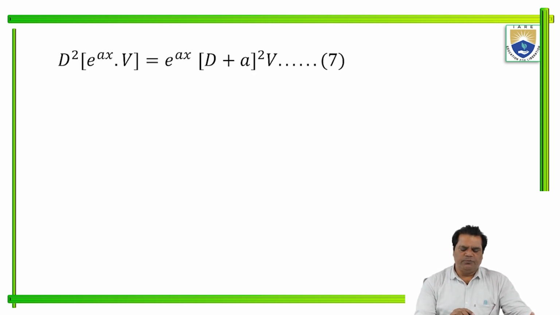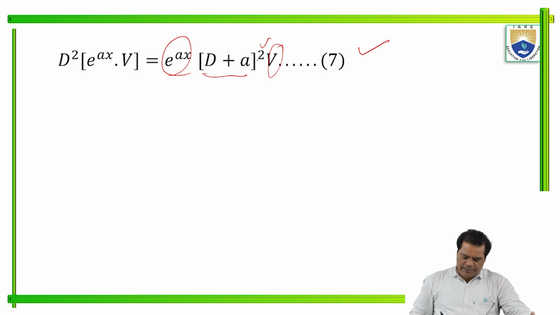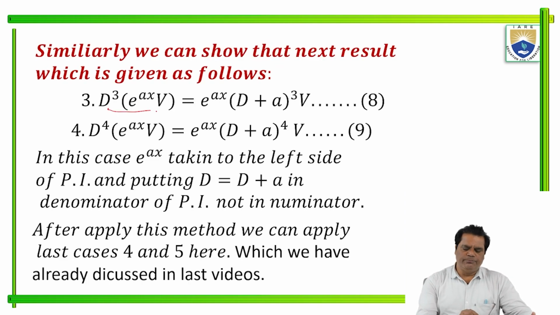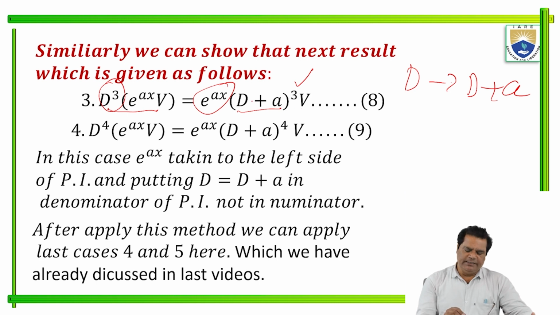Similarly, for D cube e to the power ax into b, we take the exponential function to the left side and put D equal to D plus a whole cube, because here it is D cube, acting on b. These results are already proved.